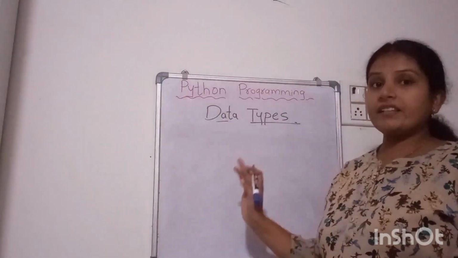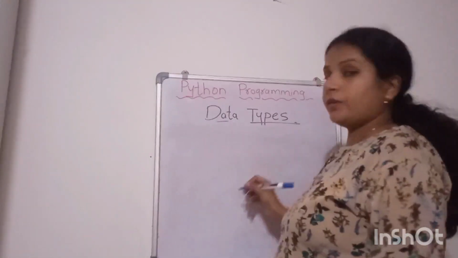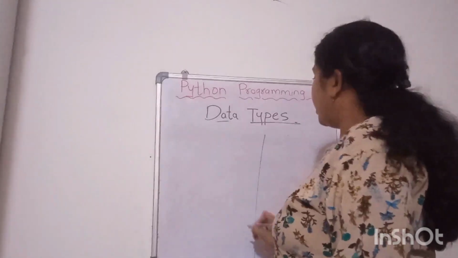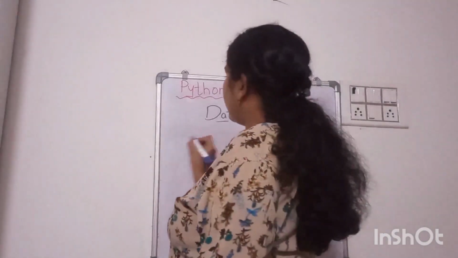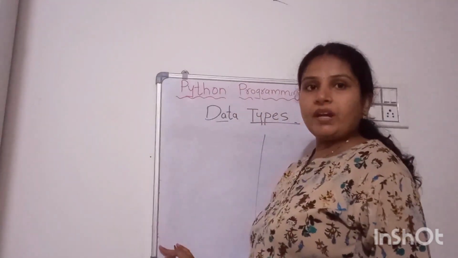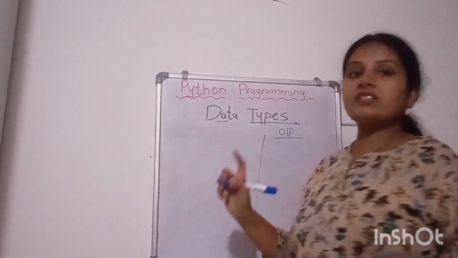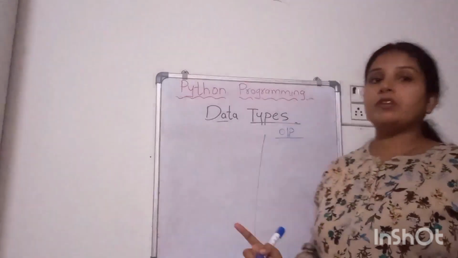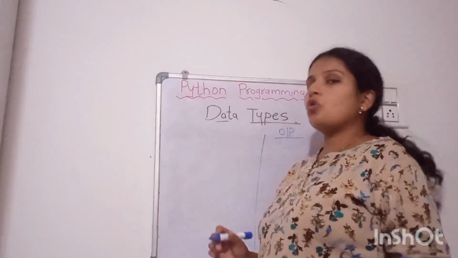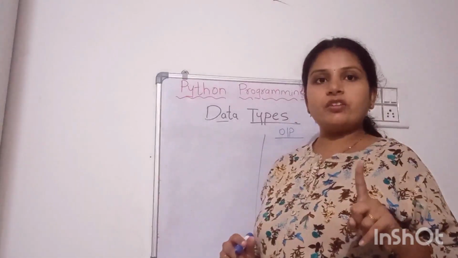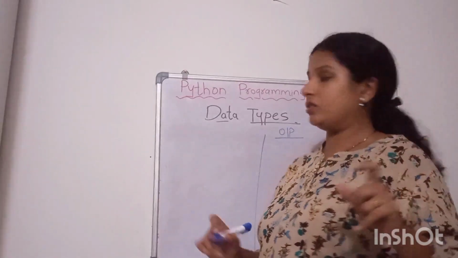Now let's take the example in terms of a program. Here this is your programming editor and this is your output window. We'll see how your output will be displayed. In the last session we have seen the print function.